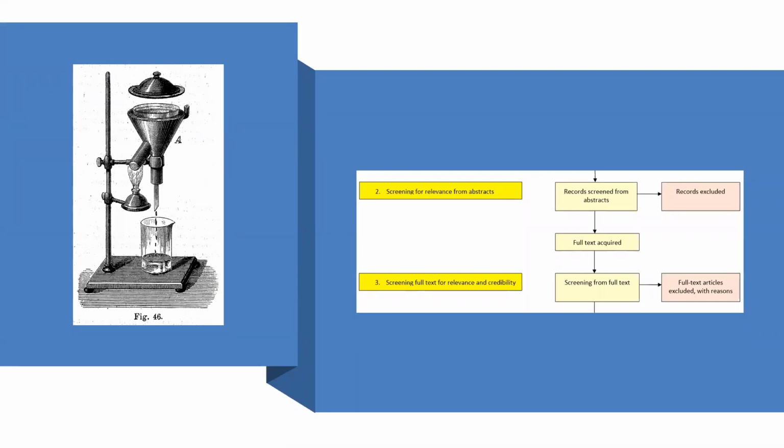If we turn then to the next steps of what you do once you get a lot of results and you think that you've searched everywhere you should search, then we go and we start to screen for relevance from the abstracts.